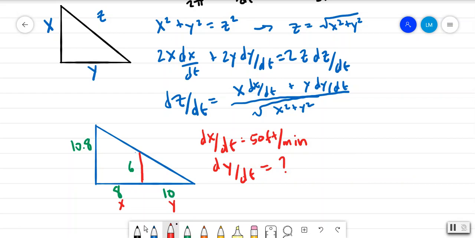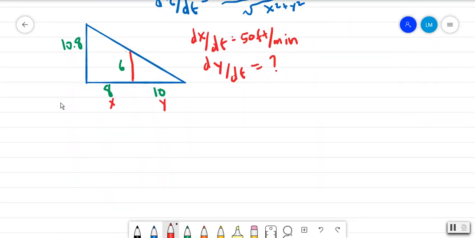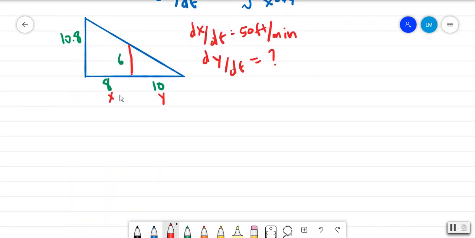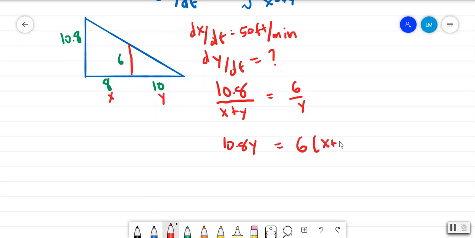Now, the way that you would solve this is that you would say that 10.8 is to x plus y as 6 is to y. Now from here you would cross multiply and end up with 10.8y is equal to 6 times x plus y. Then you would solve for y.